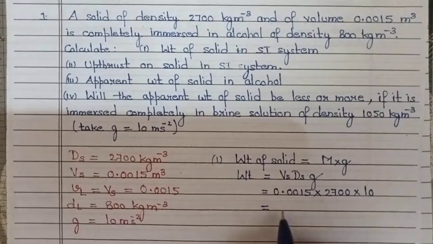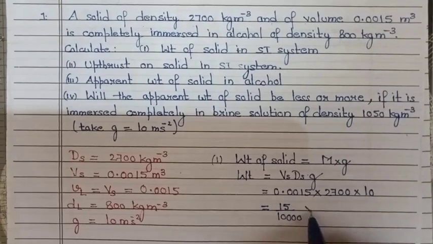So if you remove the decimal, you are getting 15 upon 10,000 into 2700 into 10.